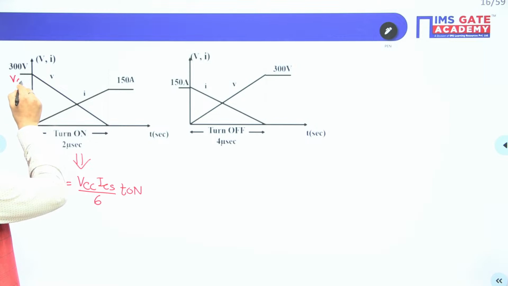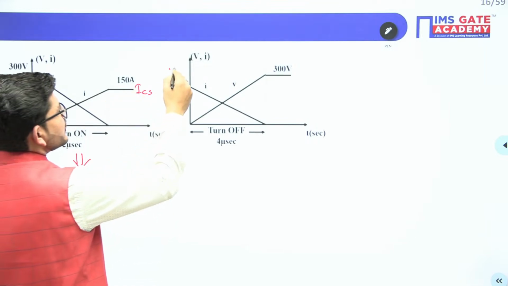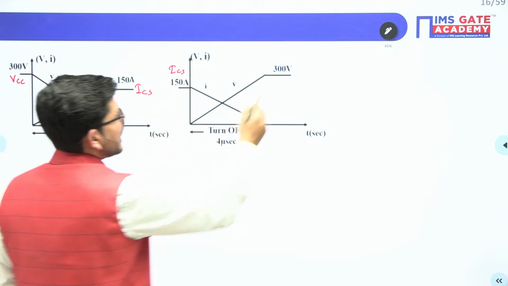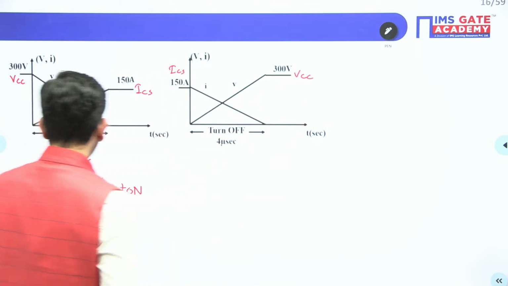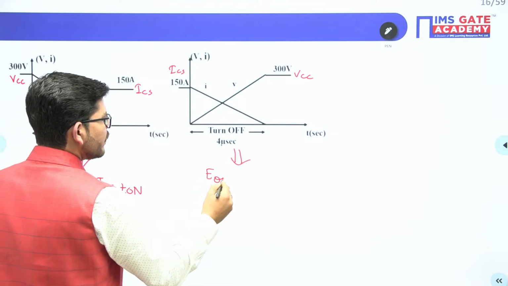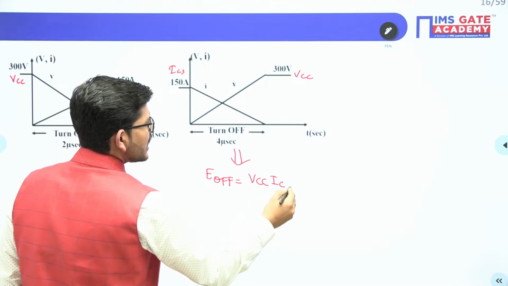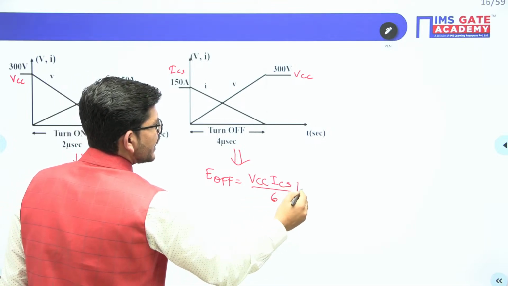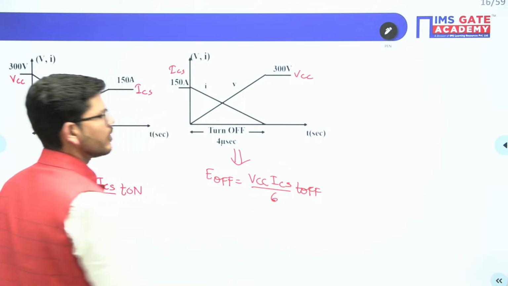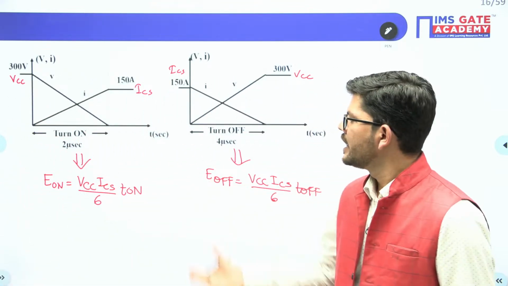This voltage is VCC and this current is ICS. Similarly, this current is ICS here and this voltage is VCC here. Similarly, we can calculate E during off, energy loss during off, by using the same formula, VCC ICS by 6 into T off. Okay. So by using these two formulas, you can directly calculate the energy losses.